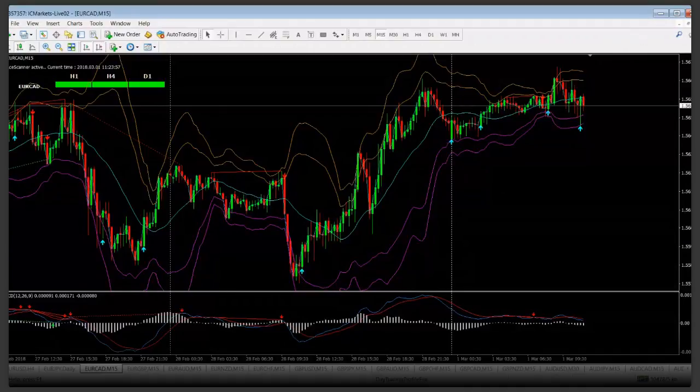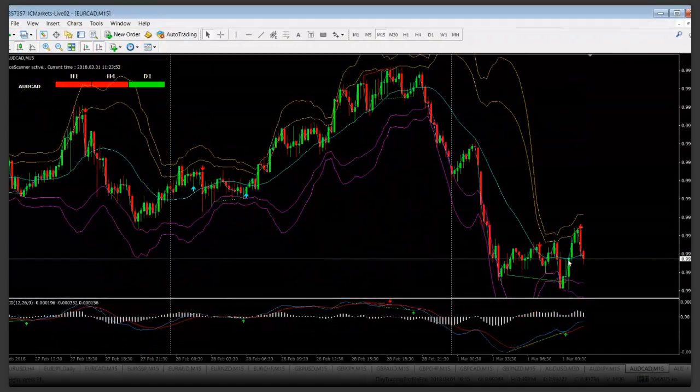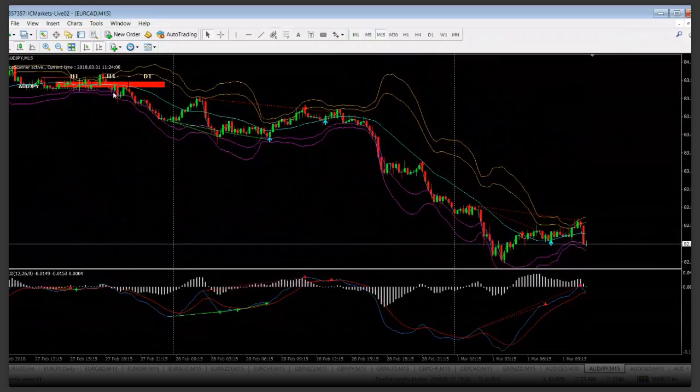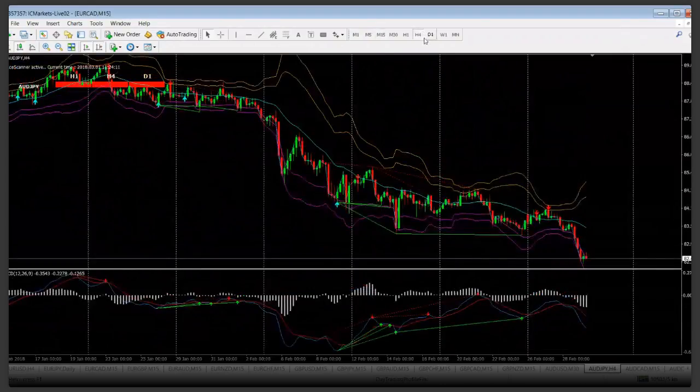How's our trade doing, Aussie CAD. These Aussie pairs like to move when they move. Especially the Aussie yen is the most volatile cross currency pair.